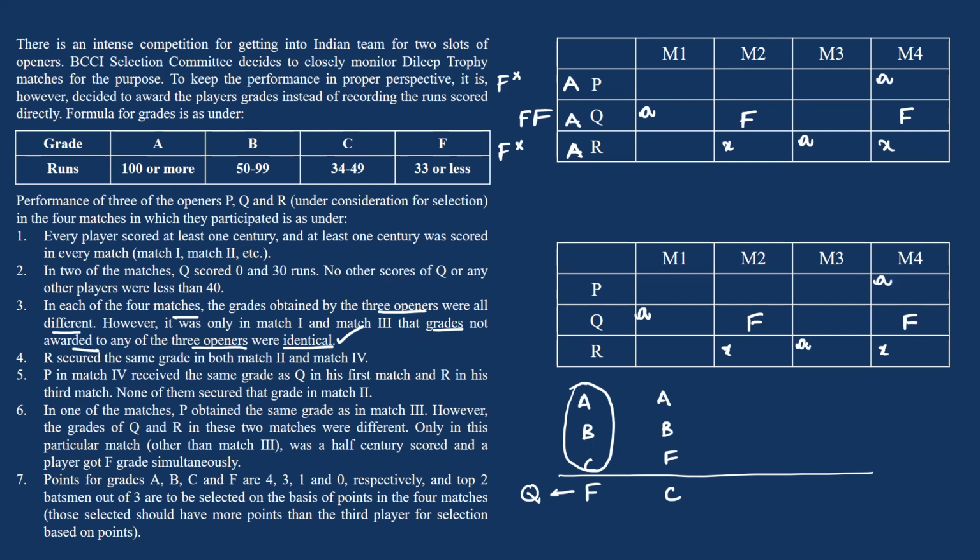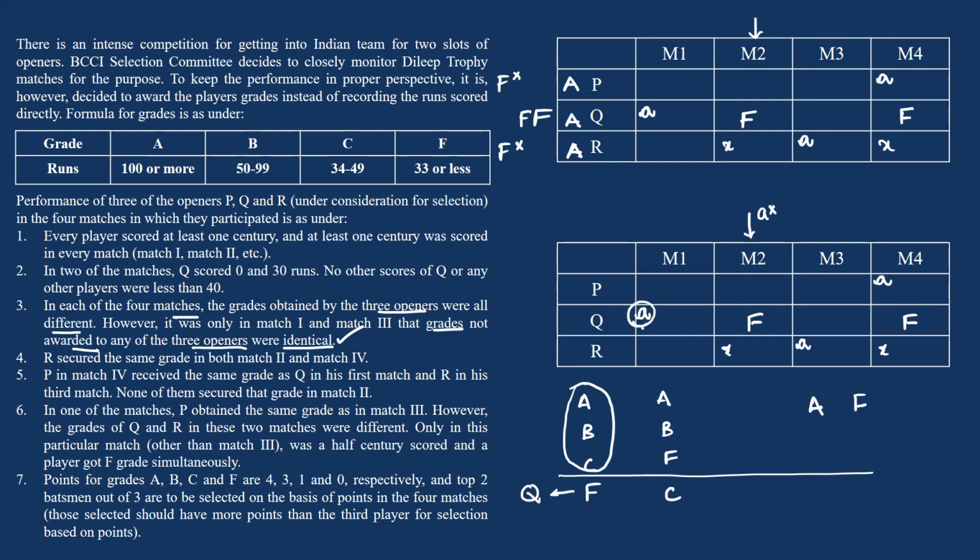None of them secured the grade in match 2. So none of them received A grade in match 2. So this grade cannot be A, because in every match at least one person scored a century. And this grade cannot be F as well.